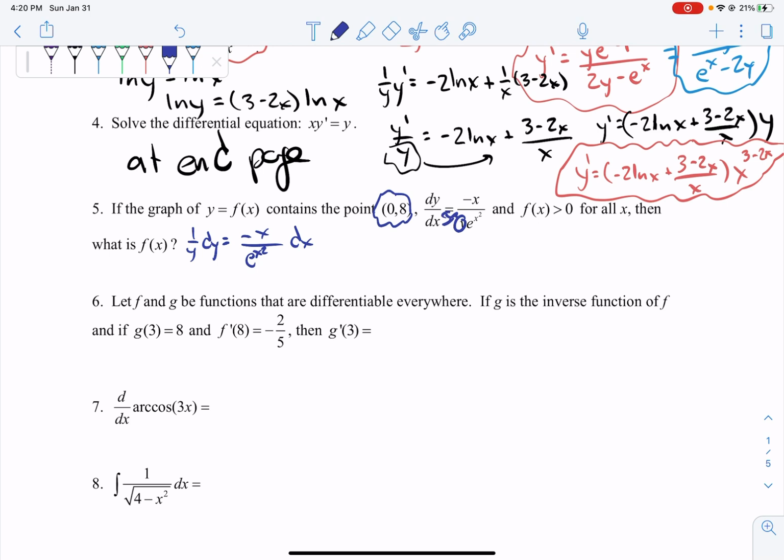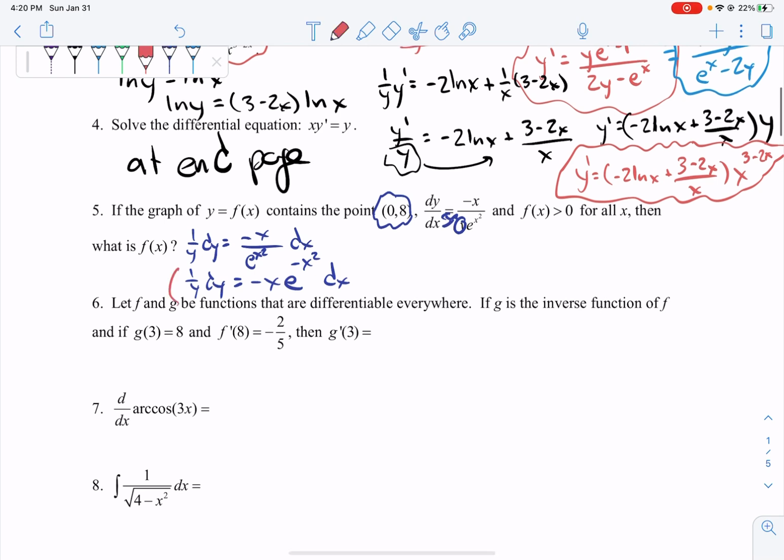So I got my x's on one side, I've got my y's on the other side. And do we care about that e to the x? Probably. Let's rewrite this one more time. 1 over y dy equals negative x e to the negative x squared dx.